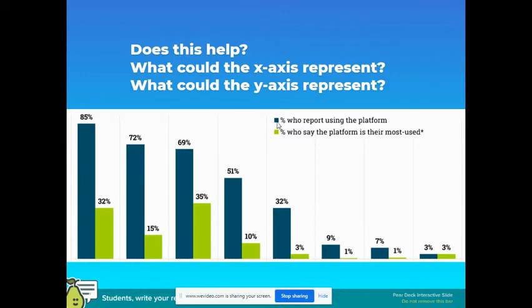So before we get to those questions, the blue one is percent who report using the platform. The green bar represents percent who say the platform is their most used. So what do you think the y-axis represents here? And what do you think the x-axis represents?